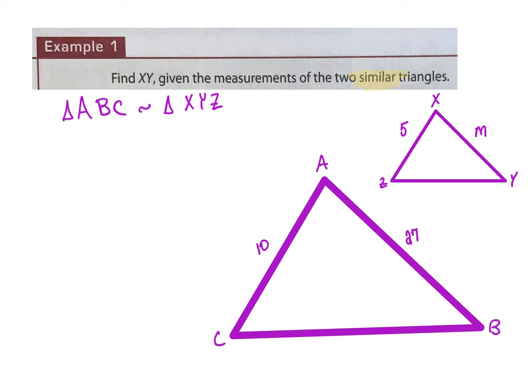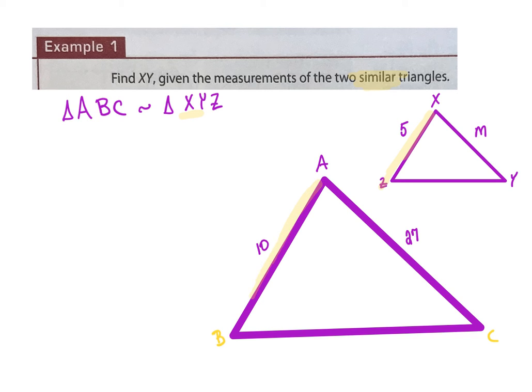When they tell you that, then they are telling you that XZ, because that's in the same order, is proportional to A. Oh, I just switched it. I'm going to switch it down here to AB, and I wrote the wrong one there. So let me switch this. I'm going to do it differently than they did in the book, just because they used decimals. So we'll put AB there, C there. All right.